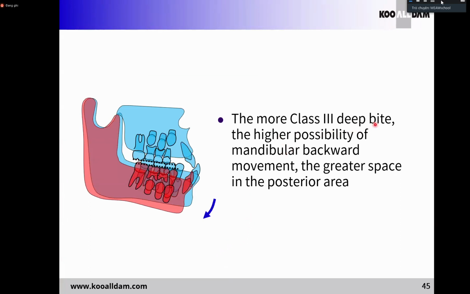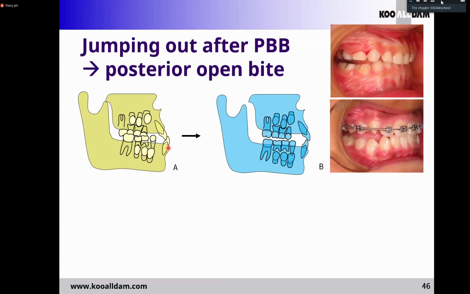The more class 3 deep bite, the higher the possibility of mandibular backward movement. This means the greater space in the posterior area. So in some cases, after jumping out, especially when using a posterior bite block, we may see the posterior open bite like this.